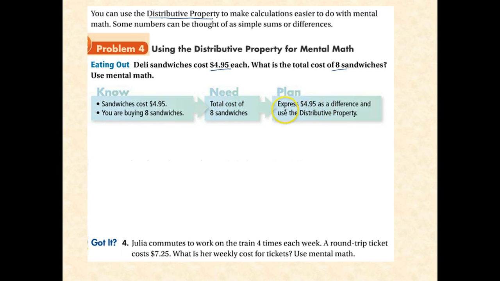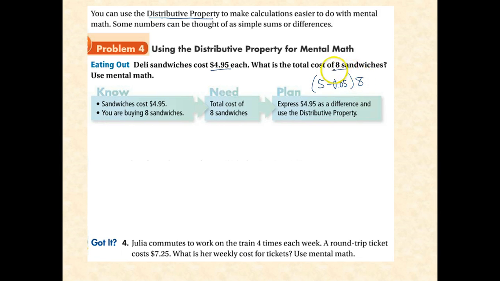Here's the plan. I'm going to think about $4.95 as being a difference and use the distributive property. So in real life, what you would say is, well, this is almost $5, right? So it's 5 cents less than $5, and I'm going to multiply that by 8.